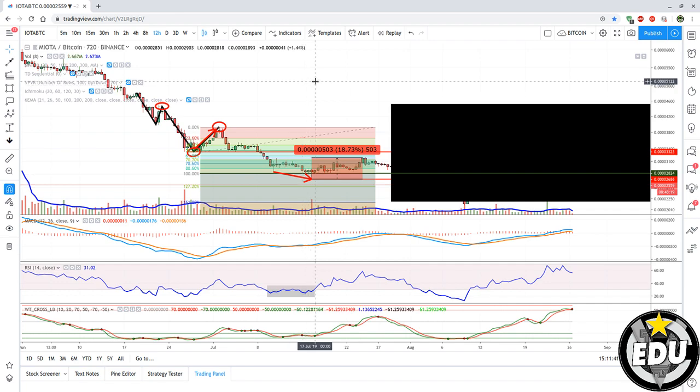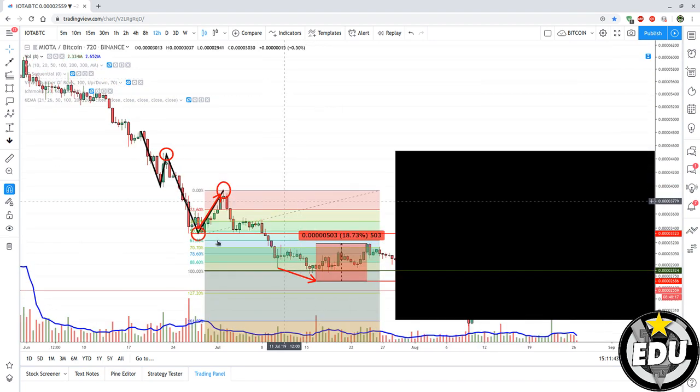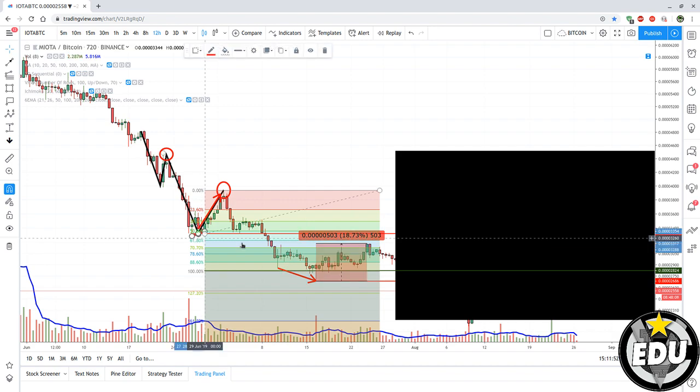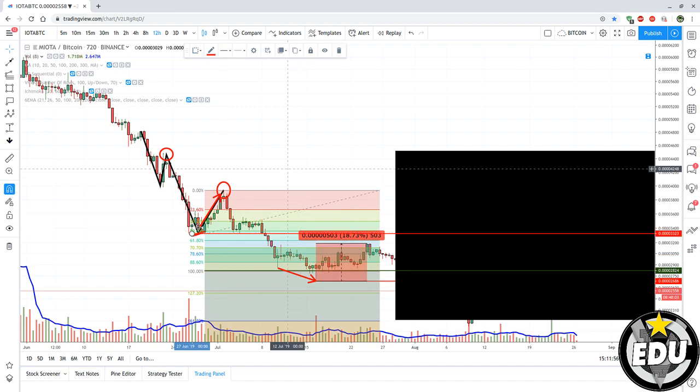So let's explain this again. I have a Fibonacci extension 100 that I can keep an eye on. I have also volume increase here. I can also trace maybe a line here.